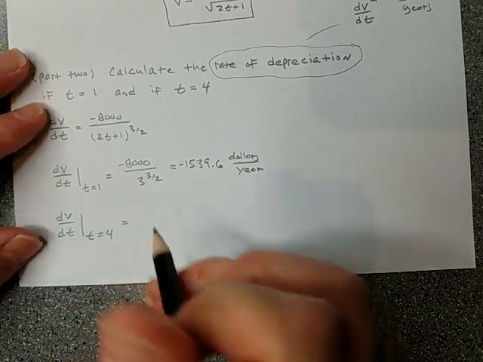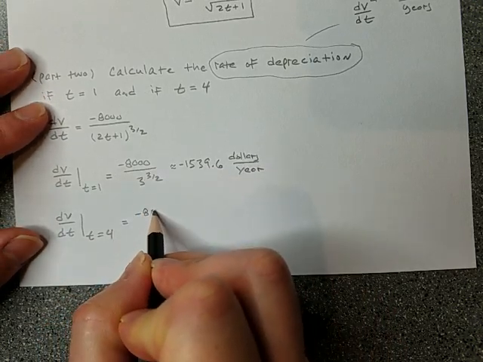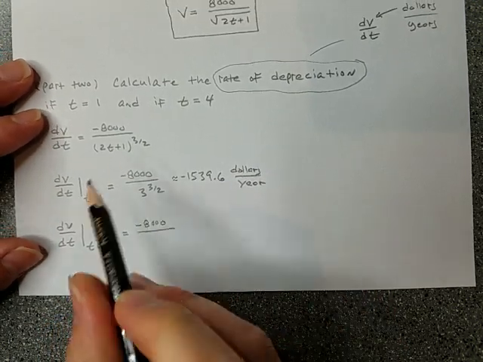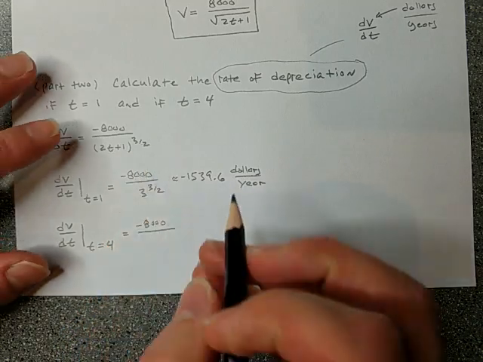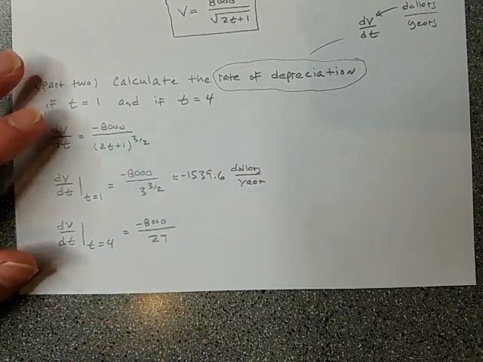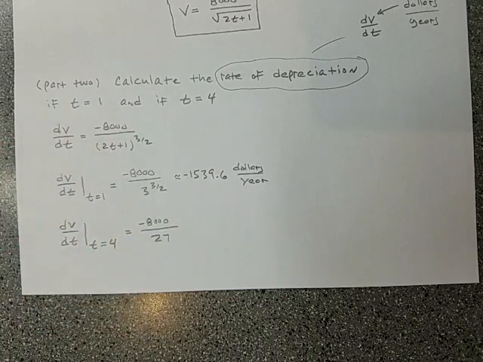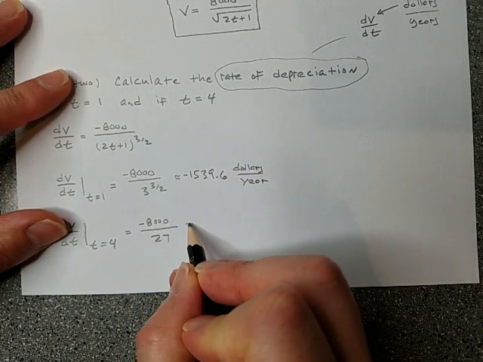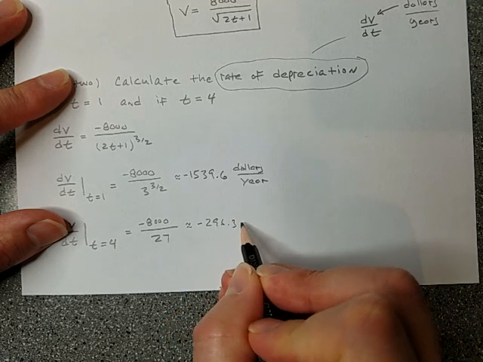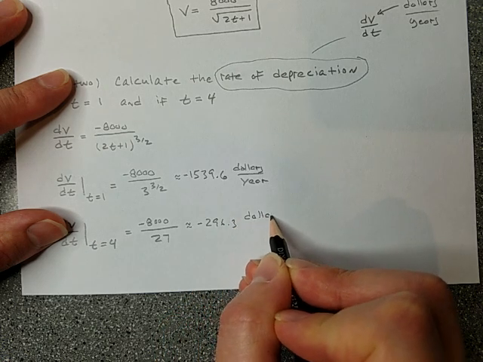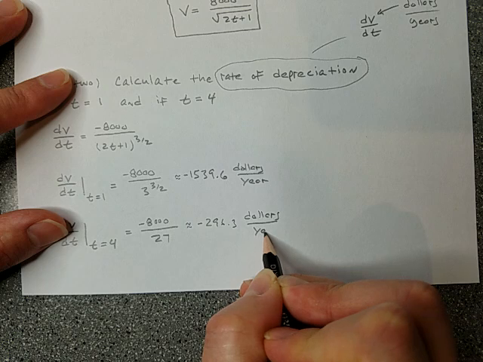At 4, I'll get negative 8,000. And if I put 4 in here, that's 8, plus 1 is 9. So that's going to be 27, if I take 9 to the power 3/2. So negative 8,000 divided by 27 is negative 296.3 with some rounding. Again, it's going to be dollars per year.